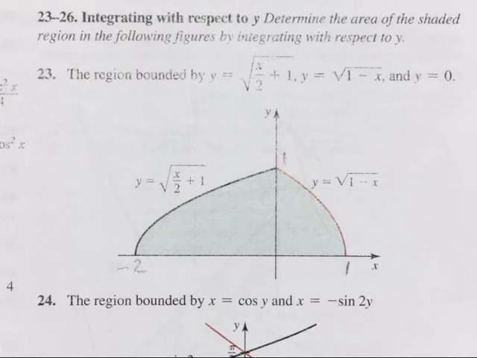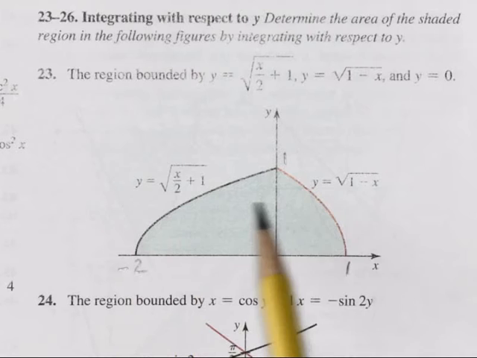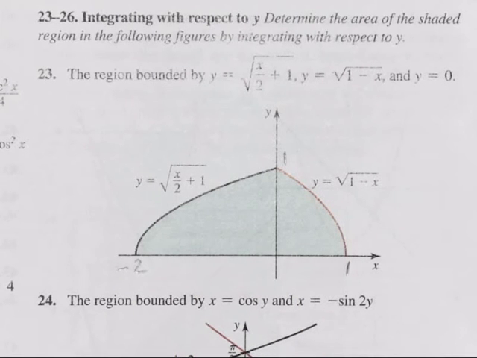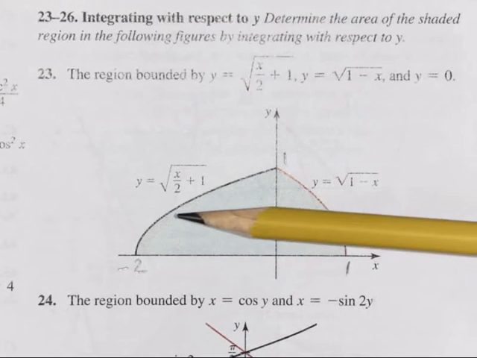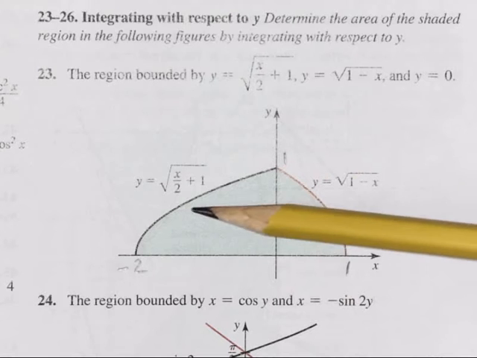This one would be really helpful to integrate with respect to y, because I can just do my horizontal rectangles through here with the Riemann sums pretty nicely and easily. If I wanted to do this with respect to x and draw rectangles going up and down, I get a compound region.